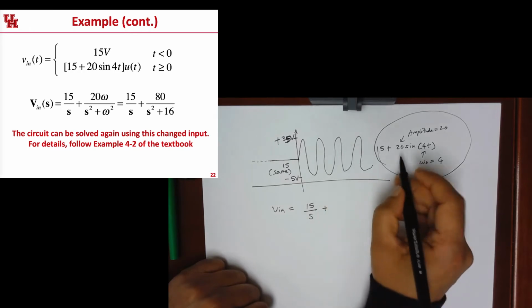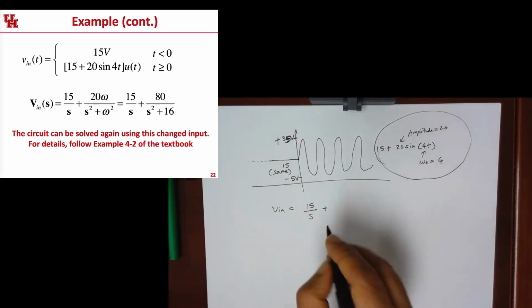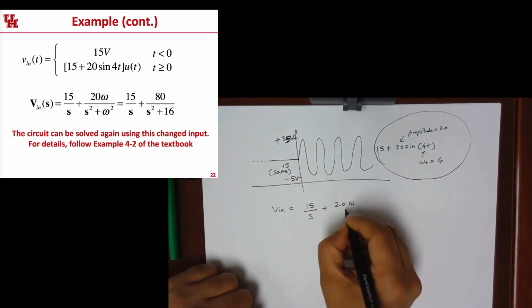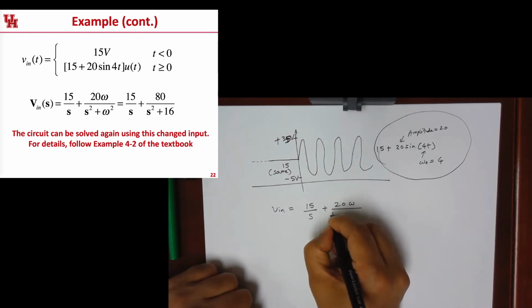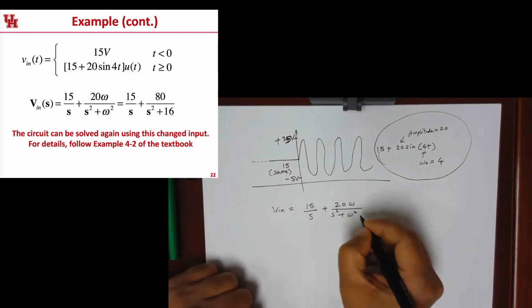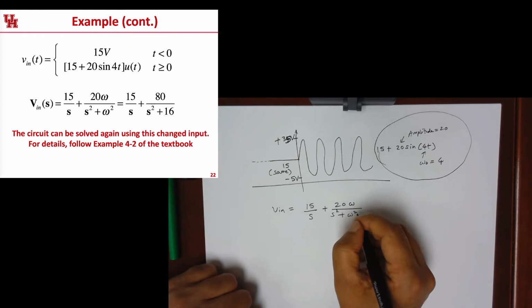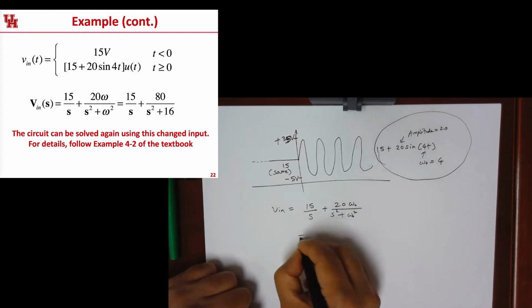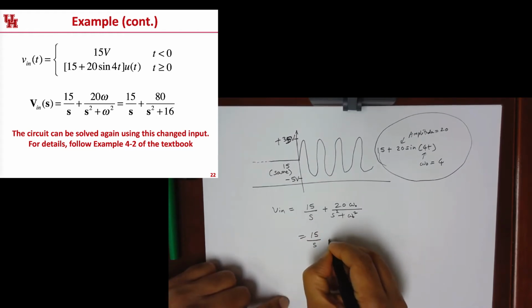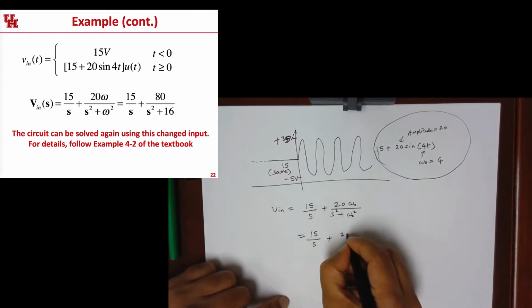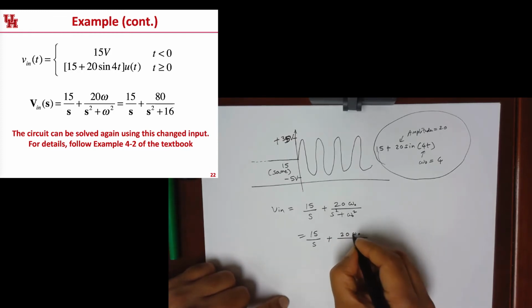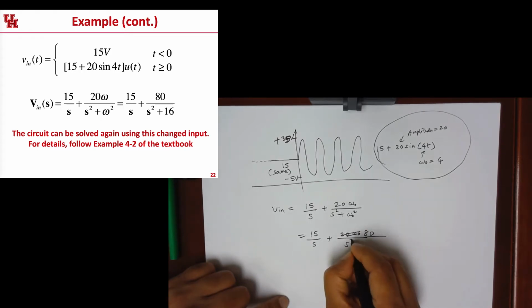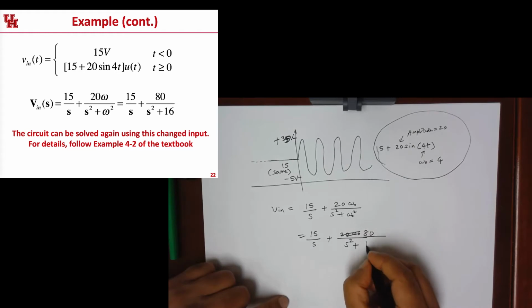The Laplace transform of 20 sine 4t is going to become 20 omega naught divided by s squared plus omega naught squared, where omega naught is equal to 4. So this is going to become 15 divided by s plus 20 times 4, which is 80, divided by s squared plus 4 squared, which is 16.